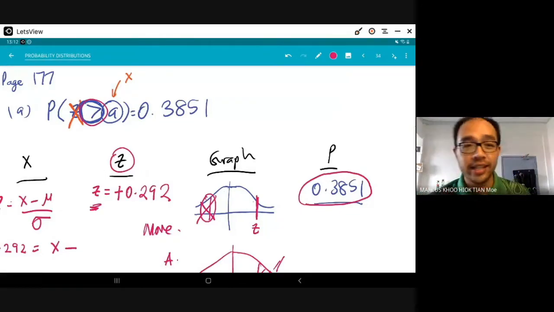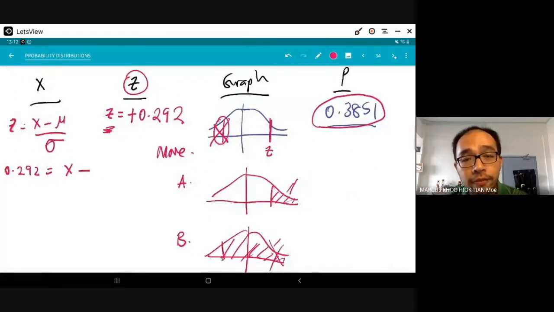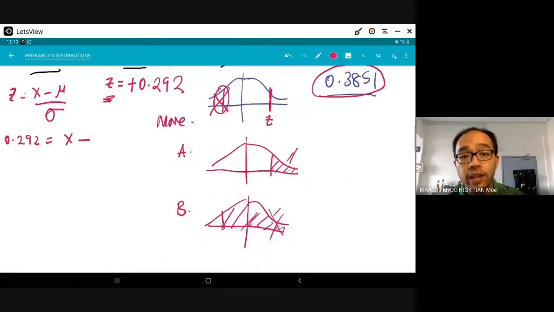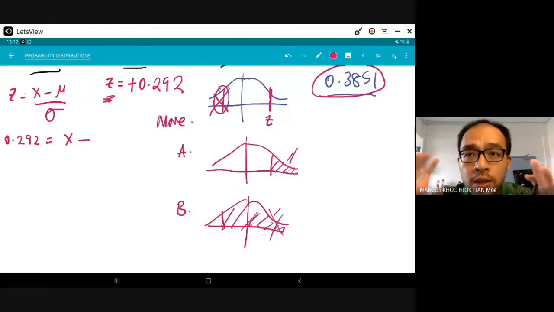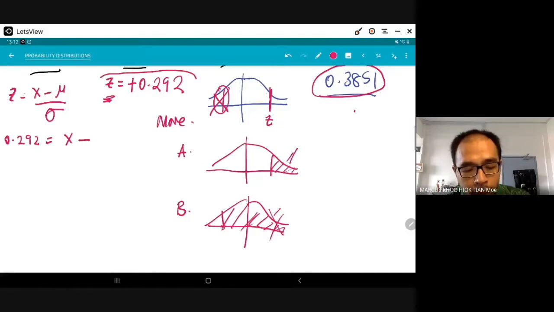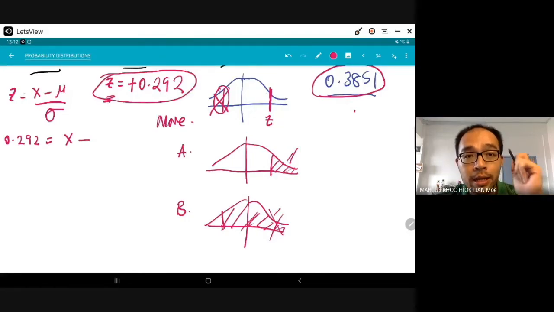Oh, in this question they didn't. Okay, fine. But you can basically find the X value once I give you the mean and the standard deviation. But the most difficult step in this situation, where you start from the probability dan kembali untuk mencari nilai X, is determining whether the Z is a positive or a negative value.